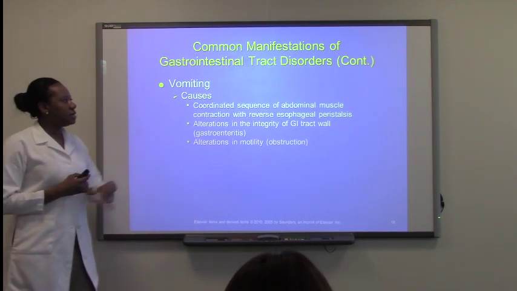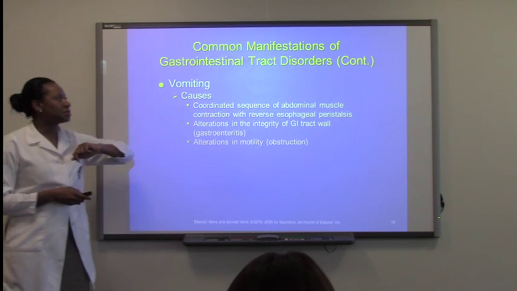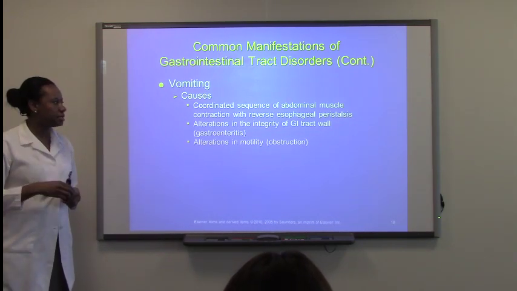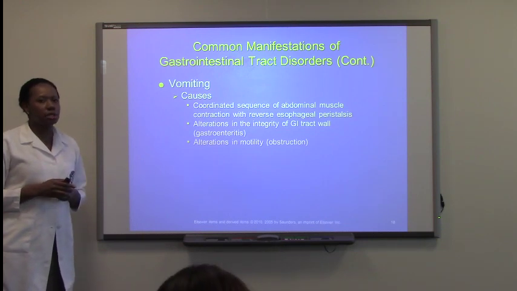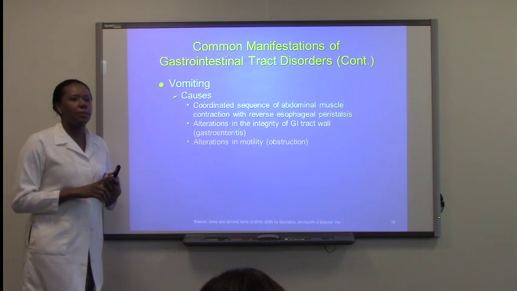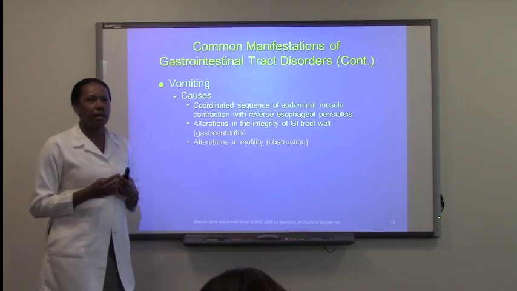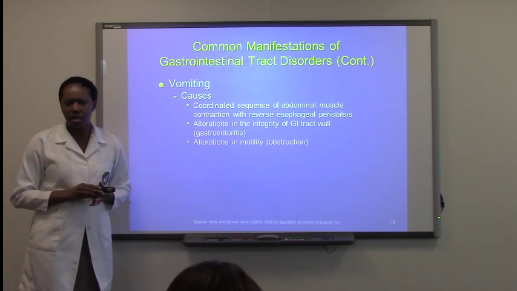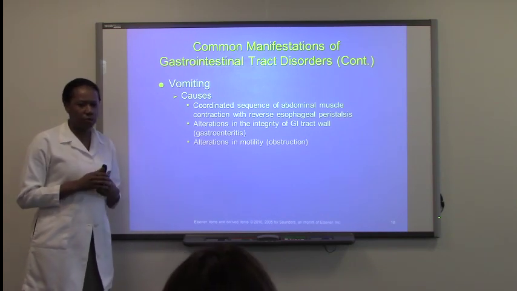Causes here can be coordinated abdominal muscle contraction with the reverse peristalsis. Usually what can cause this is any type of bacterial infection. Keep in mind, some people, I know my sister, she hates to vomit. Some people are kind of squeamish with that.